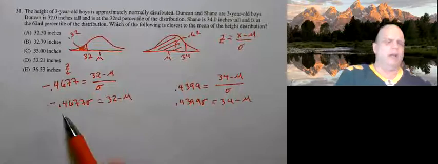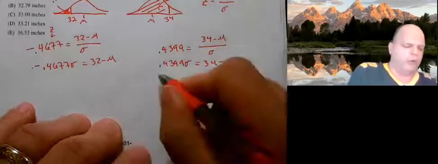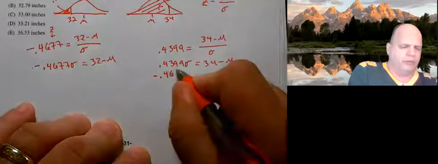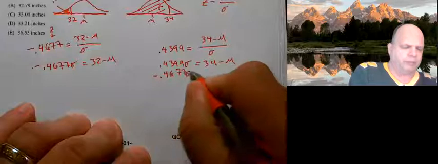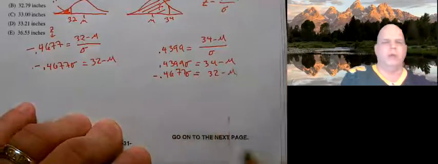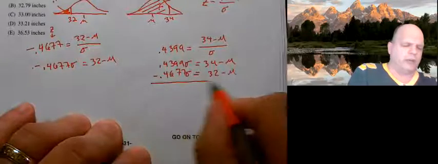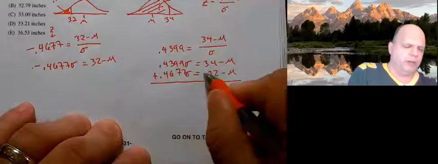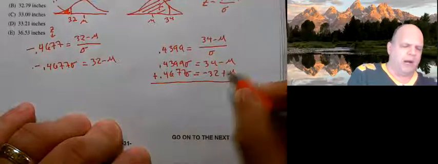Now I'm going to go ahead and combine these equations. So I have negative 0.4677 sigma equals 32 minus the mu. And when I combine them, I'm just going to swap the signs of the lower. So this becomes a positive, this becomes a negative, and this becomes a positive.